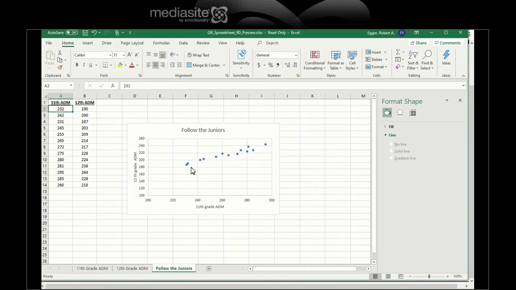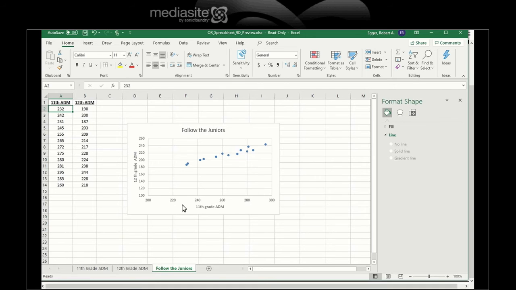The size of the 11th grade class can be used to predict the size of the 12th grade class, is what this is saying. And there's a very strong positive correlation to it. Positive and strong correlation means, yes, I can make a prediction.